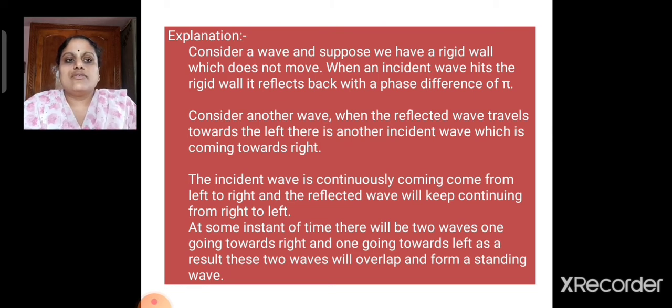The incident wave is continuously coming from left to right, and the reflected wave will keep continuing from right to left. At some instant of time, there will be two waves, one going towards the right and one going towards the left, and as a result, the two waves will overlap and form a standing wave.